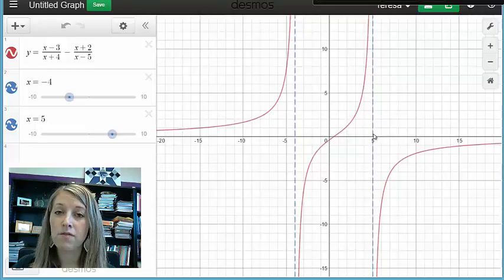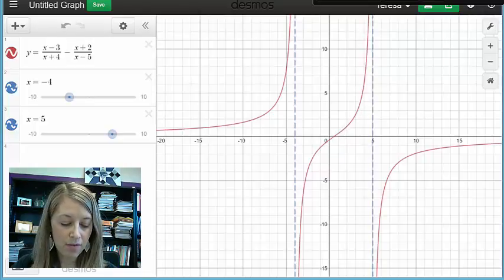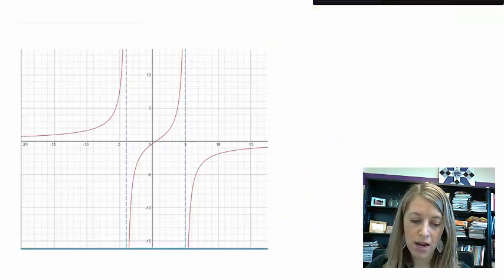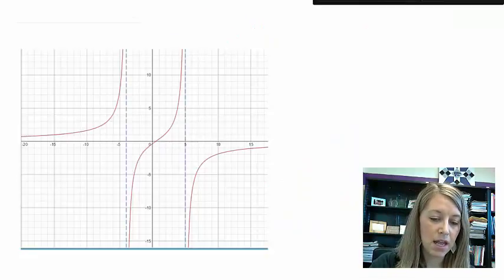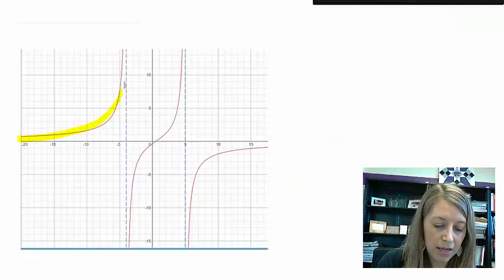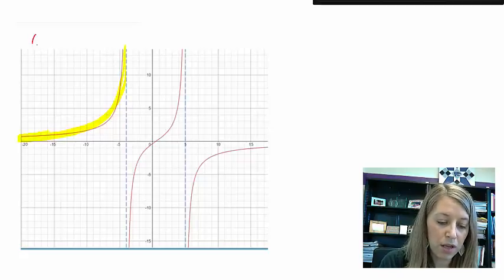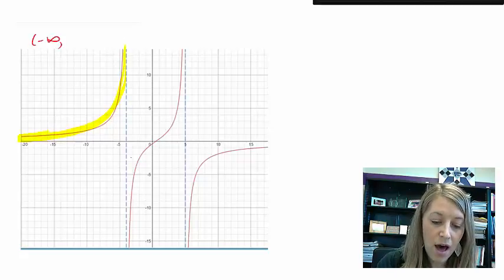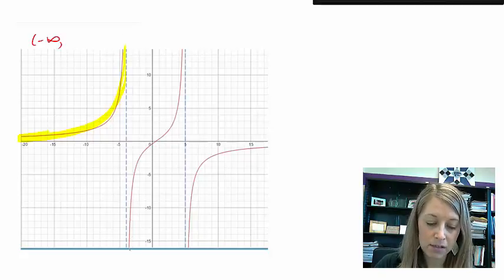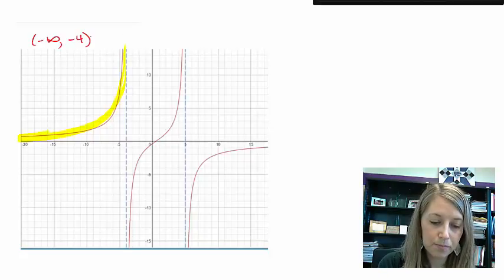This problem was looking for where it is above the x-axis. So I see that it is above the x-axis here, and then it is also above the x-axis here. If I even wanted to go a little bit farther and highlight that, I see that it is above the x-axis all the way here. So that interval would be on the left, negative infinity, up until my vertical asymptote there, which is negative 4.